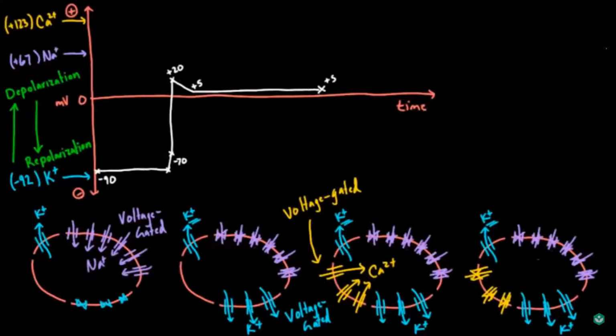Well, if again you have just those potassium channels open, then you're going to have the membrane potential go back down. It's going to go back down to -90 or so. So this is kind of the last stage where those potassium channels are going back down, and those voltage-gated potassium channels also close at this point.